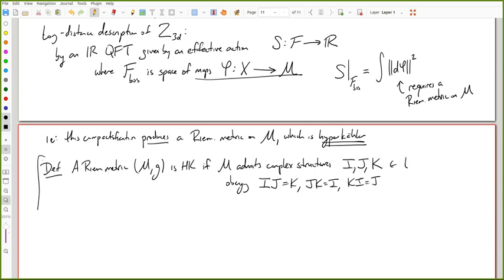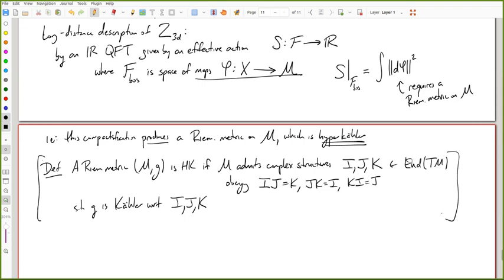By complex structure, I mean the endomorphism of the tangent bundle that gives the multiplication by i. So we call the space hypercomplex if it has those 3 complex structures, and then it's hyperkähler if this single metric g is Kähler with respect to all 3 of these complex structures.